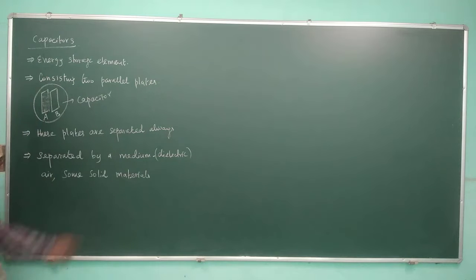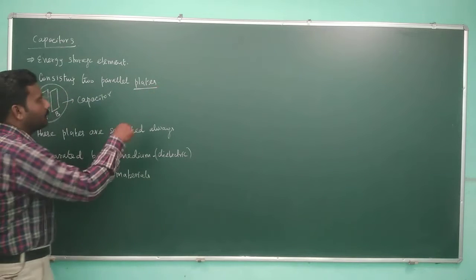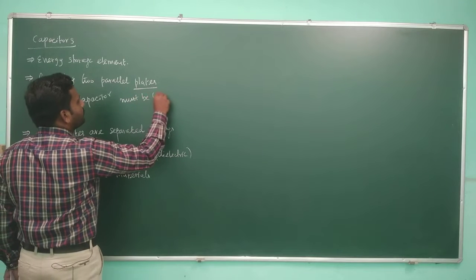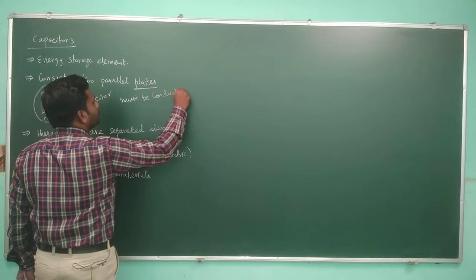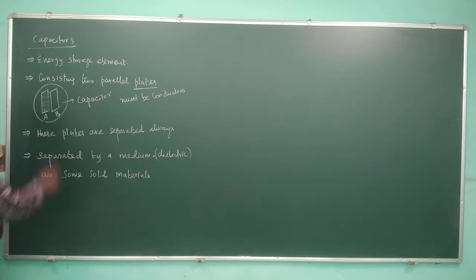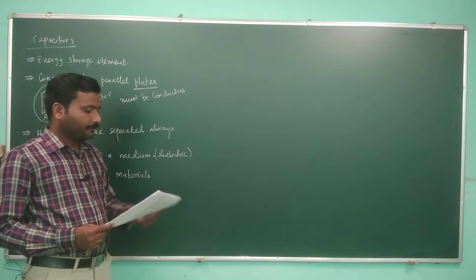Here one point is that these plates must be conductors. So these parallel plates A and B are conductors.